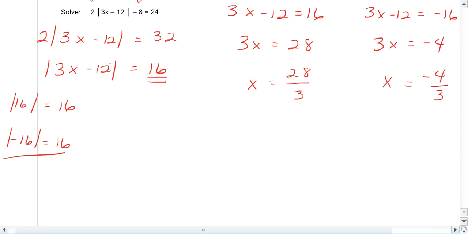So this is what we believe the 2 answers to be, but we do need to do some checking. So I'm going to do some of this mentally. Let's grab this 28/3 and put it in here for x. 3 times 28/3 is 28. So inside here I have 2 times the absolute value of 28 minus 12 minus 8, and does that equal 24?